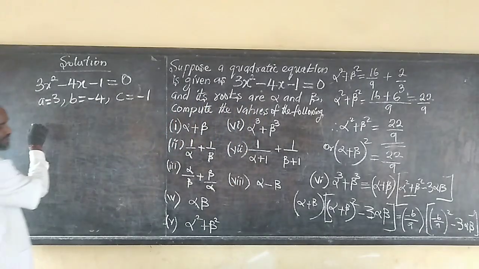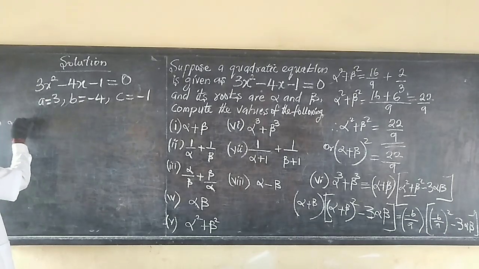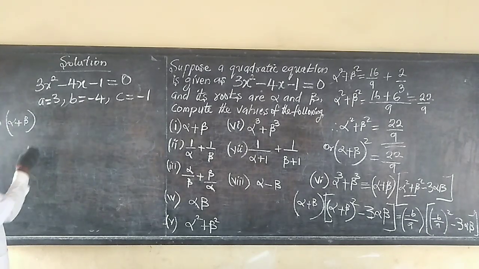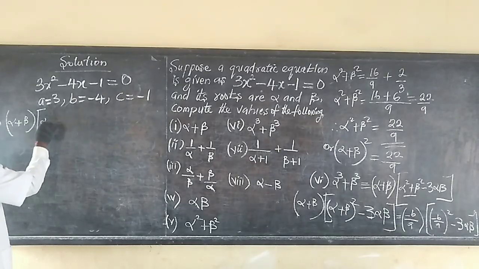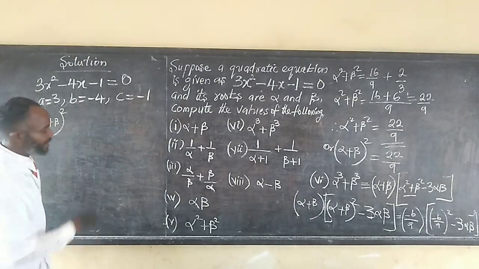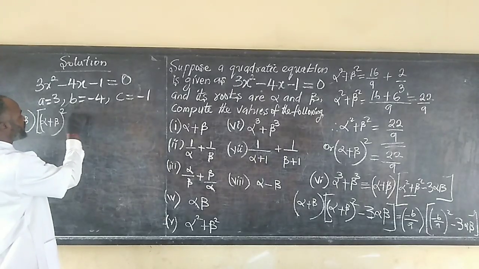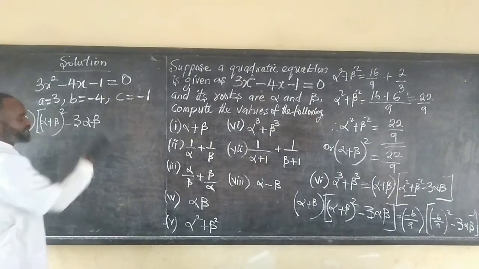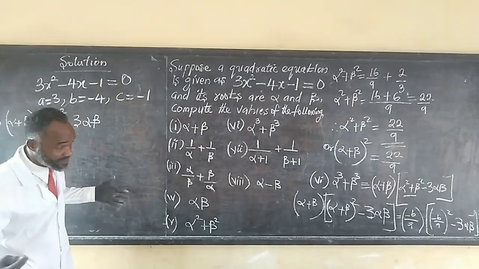Let's just restate what we have. We have open bracket alpha plus beta, close, squared, and then minus 3 alpha beta, okay? That is it.